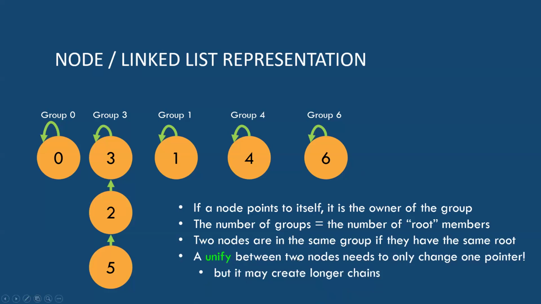And that way, when we unify, we're not changing a ton of stuff if we're pulling together two very big groups. So if we unify 1 and 2, we're really just saying, hey, 1, you are going to join group 2. A naive implementation would be, your parent is 2, and we're done.